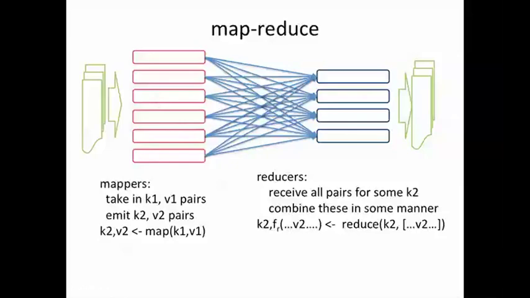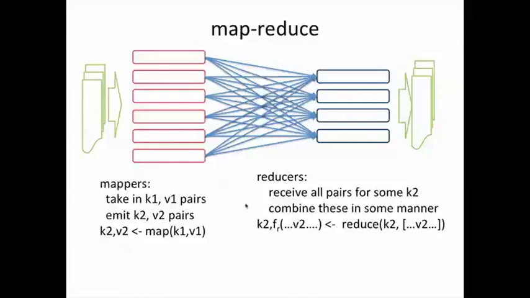For the moment, the strict definition of a map function is only a map, that is, from one key value pair produce one or more key value pairs, and a reduce function is take all the key value pairs for a particular value of the key and apply the reduce function on them.